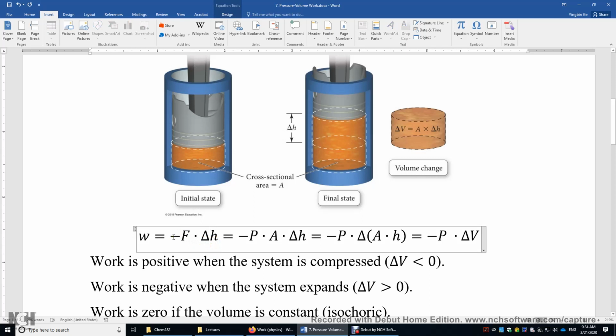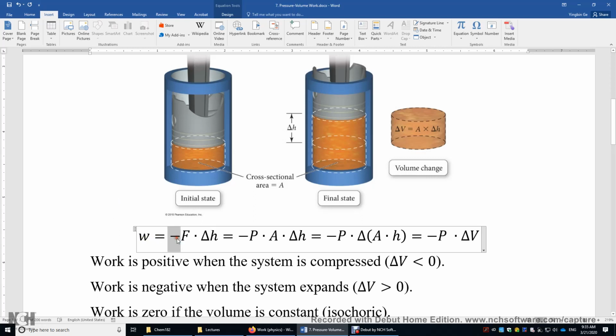Why negative sign? Remember, the gas is considered the system we are investigating, and during this expansion of gas, work is done by the system to the surroundings. Therefore, the system loses energy, and then we define this work of the system to be negative.